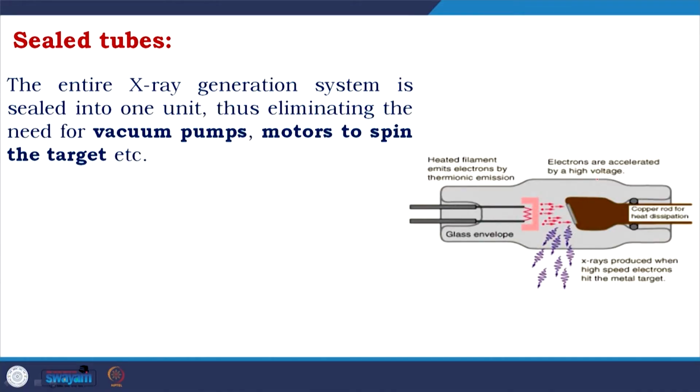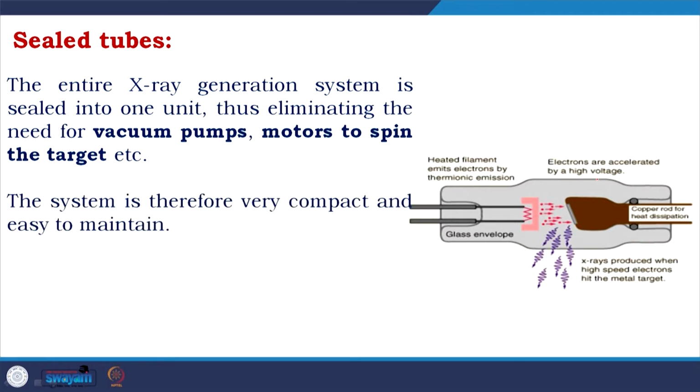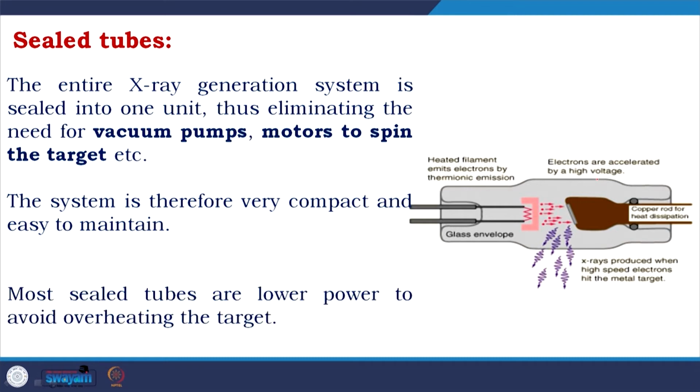All the processes in the sealed tube are in one unit, so you do not need other things. The system is therefore very compact and easy to maintain. The tube is water cooled to dissipate heat. Most sealed tubes are lower power to avoid overheating the target.